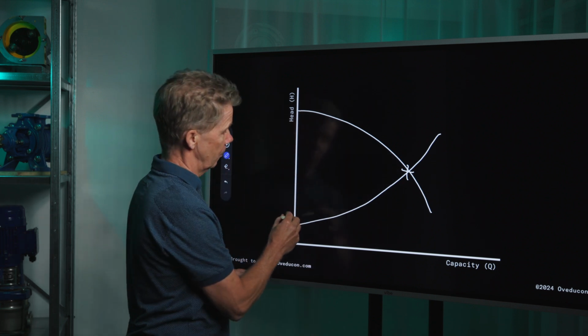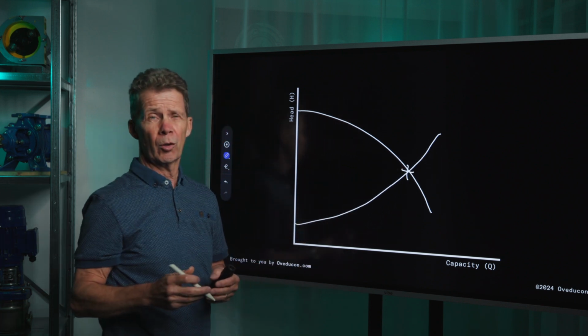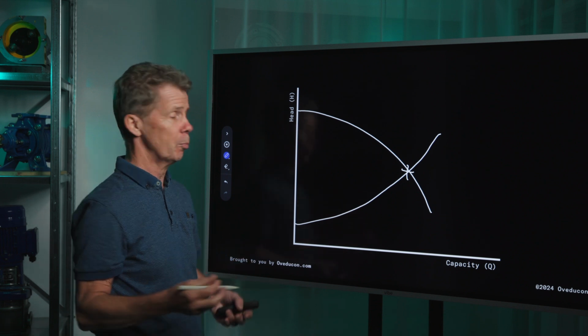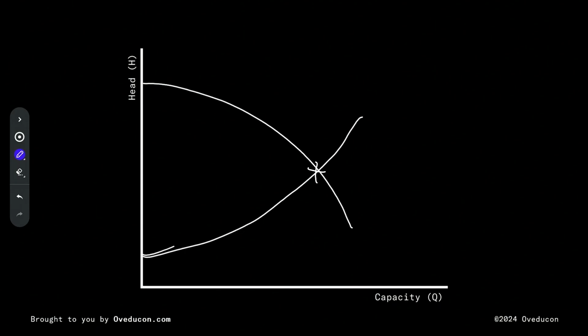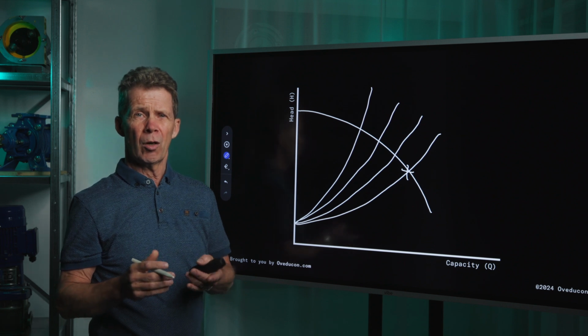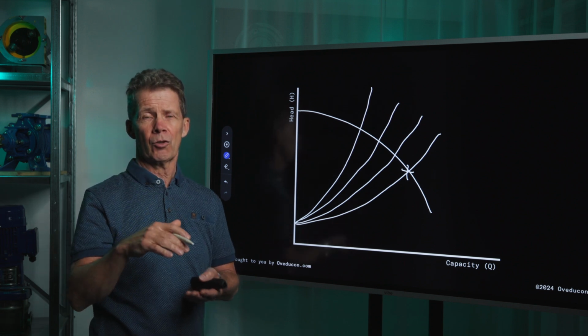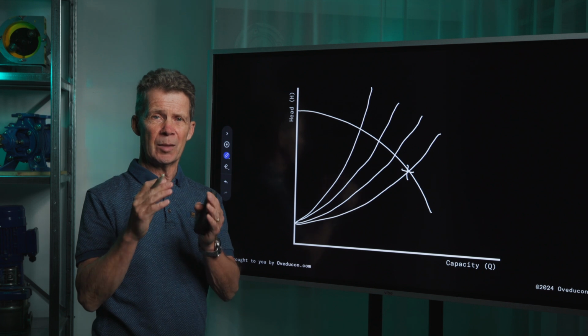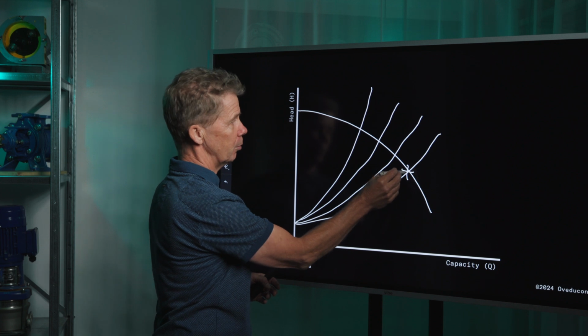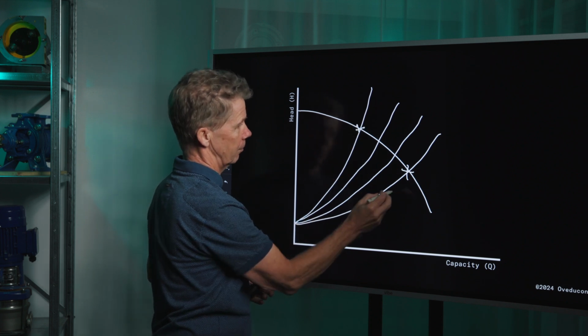For example, if this is your system curve for a new pipe, and you are having scaling in your pump system, in your piping system, your system curve will go up like this. And why? Because of the extra friction losses caused by the nearly blocked pipe. So also your operating point is moving from here to here.